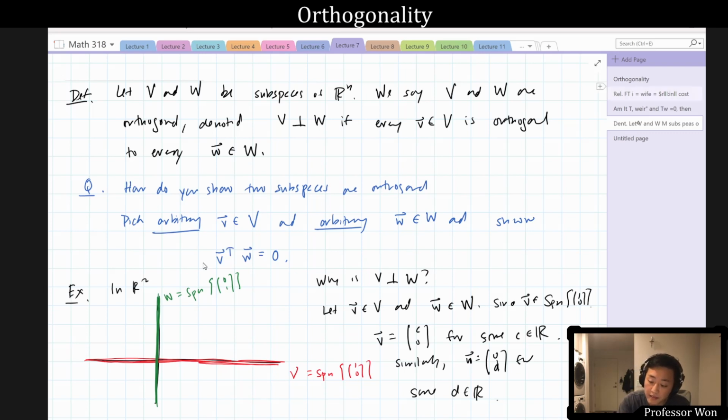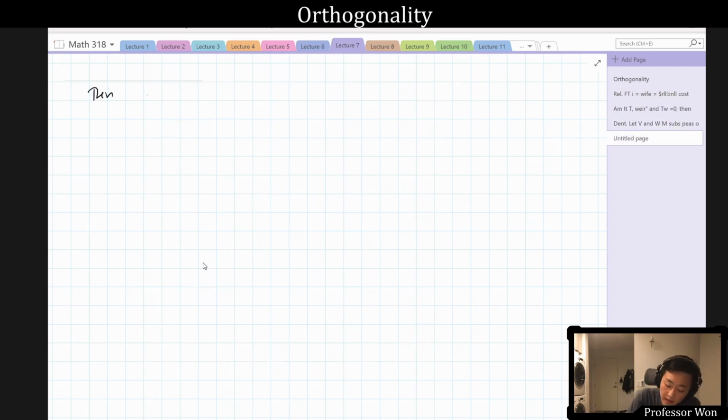Okay, but then v transpose w is equal to (c, 0) times (0, d), which is clearly 0. And since in my argument I chose an arbitrary vector from V and an arbitrary vector from W, the point is that this argument works no matter which vector you pick.